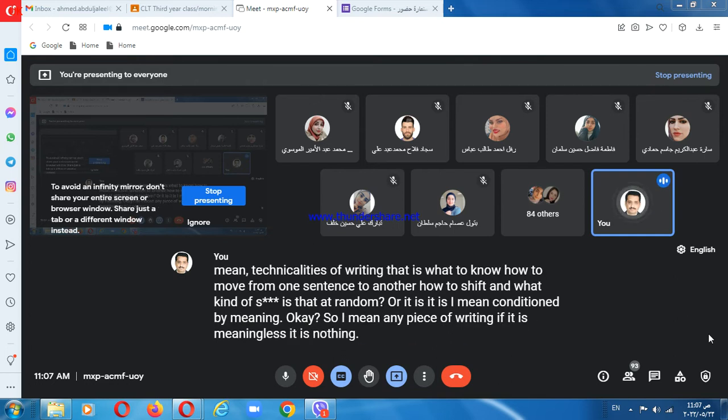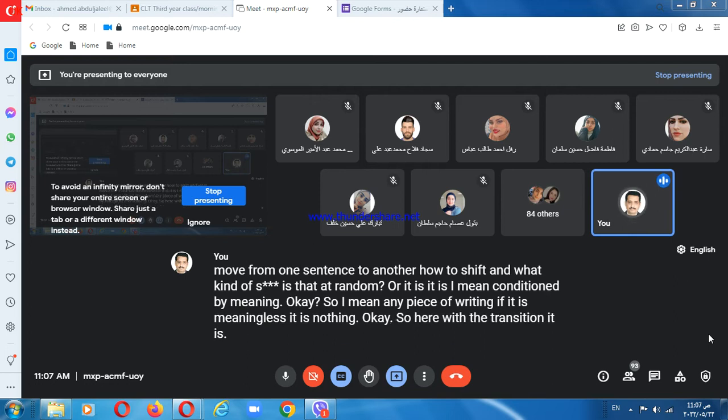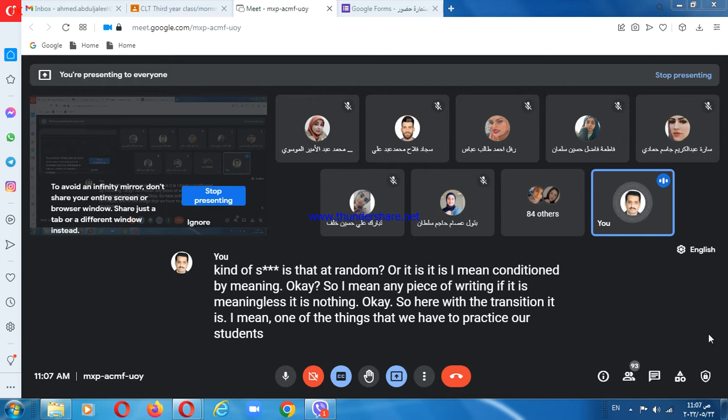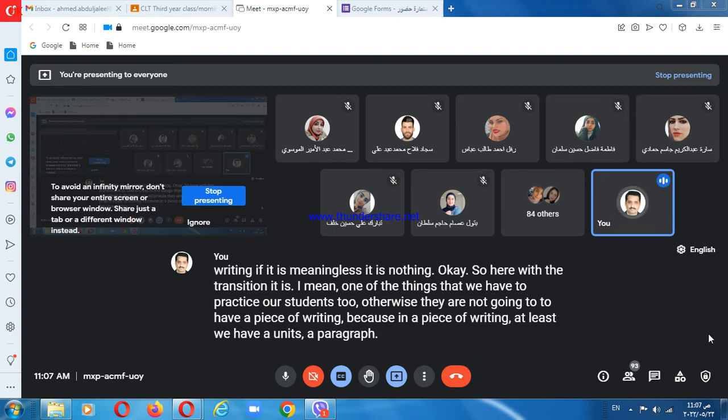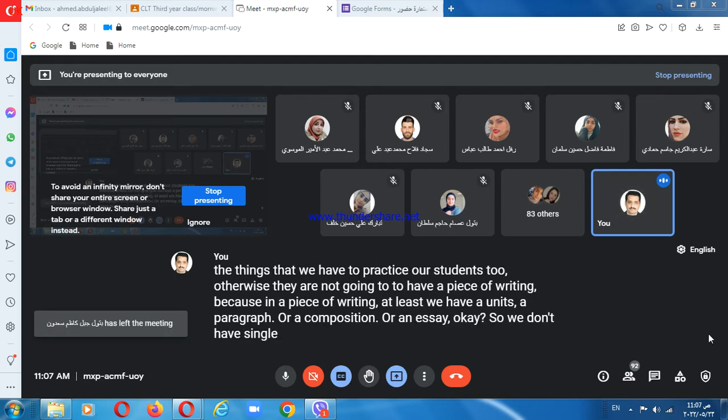So transition is one of the things that we have to make our students practice. Otherwise they are not going to have a piece of writing, because in a piece of writing at least we have a unit, a paragraph, or a composition, or an essay. So we don't have single sentences, we have a unit, whether smaller or larger.